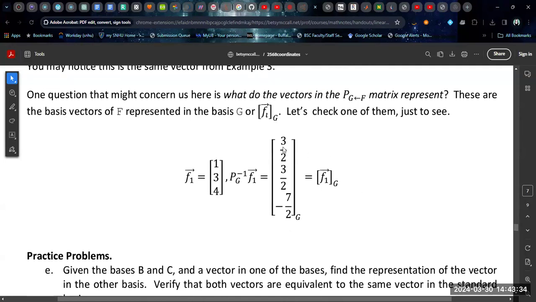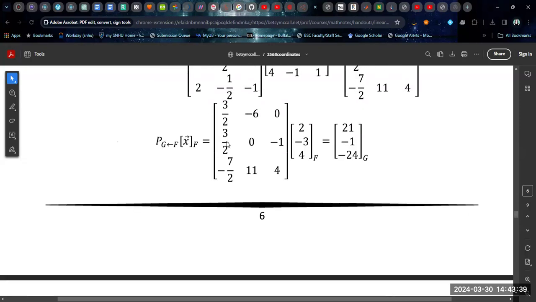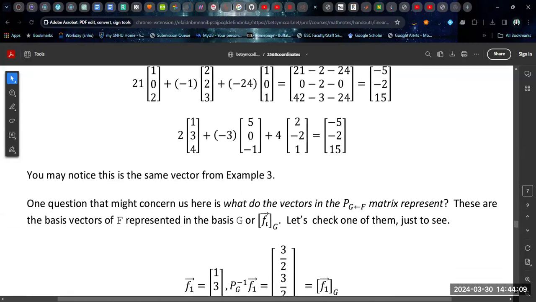So let's think about this column here, 3 halves, 3 halves, -7 halves. That is, in fact, the first column of my F-to-G matrix. So this matrix represents the vectors in the F basis, but in terms of the G coordinate system. And then when I multiply by the coefficients, I'm getting the final representation in the G basis. So that's what those vectors represent.